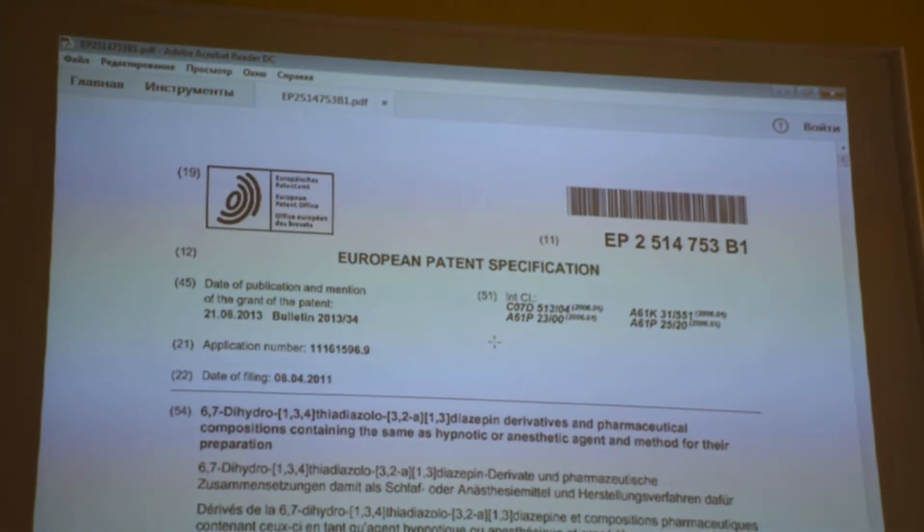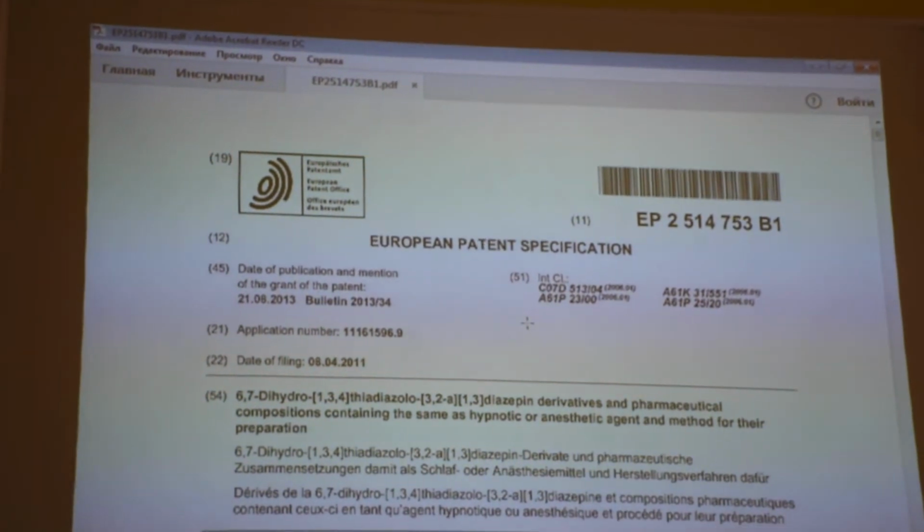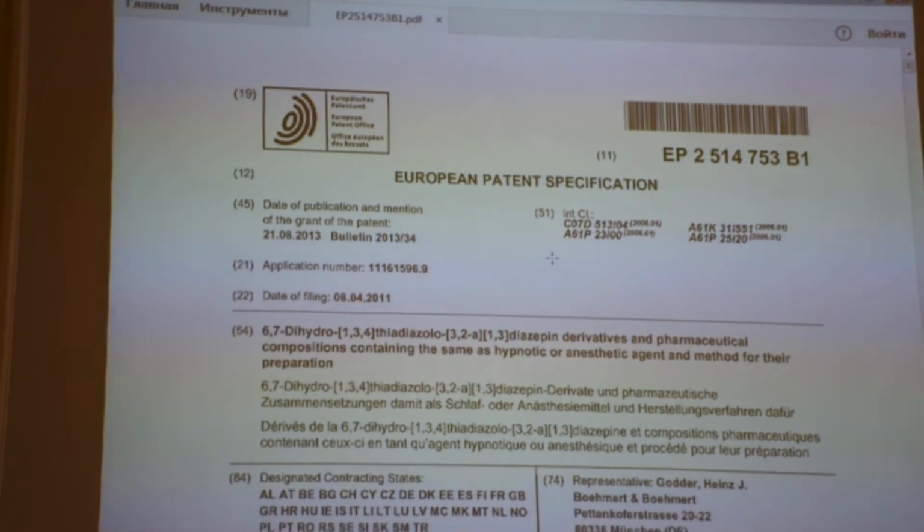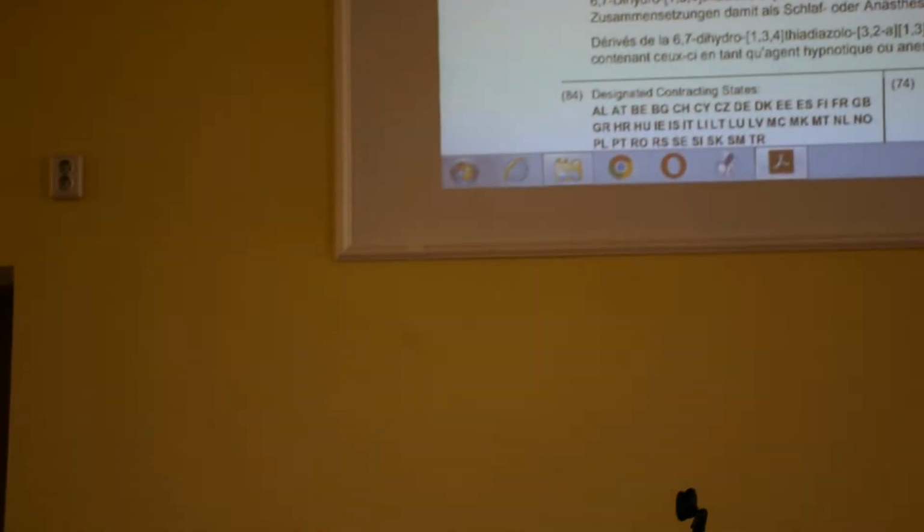Pay attention to this letter P. If it is just an application, it will look like this exactly, but this B will be A. This means this is an application and it's not accepted for patency yet, and it will be called European patent application.